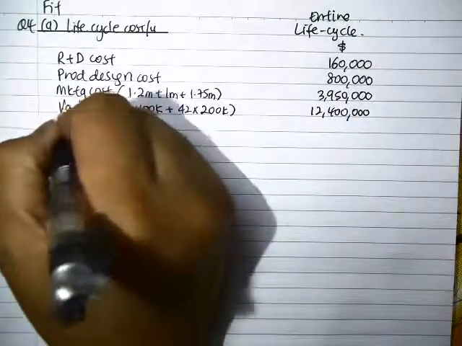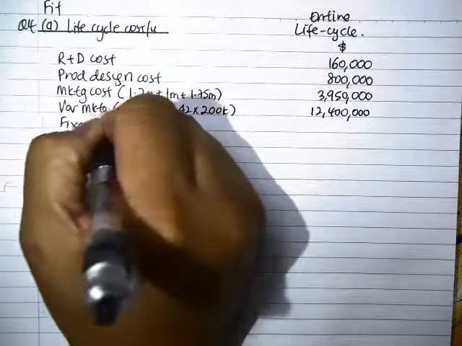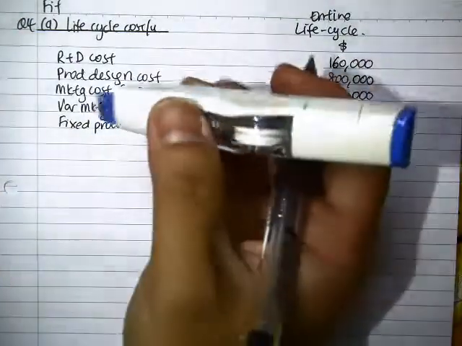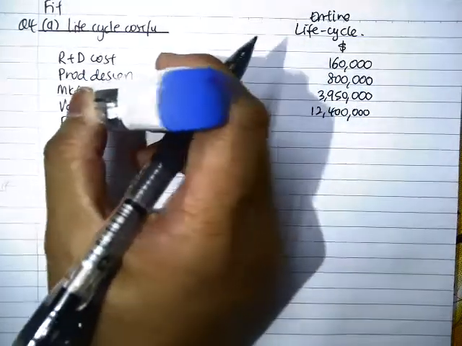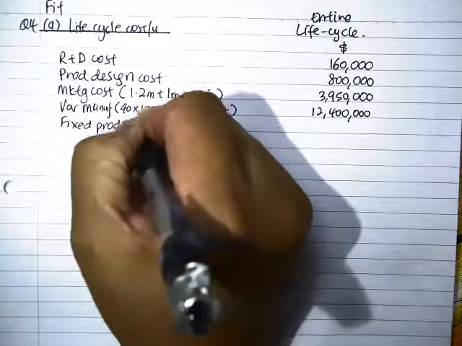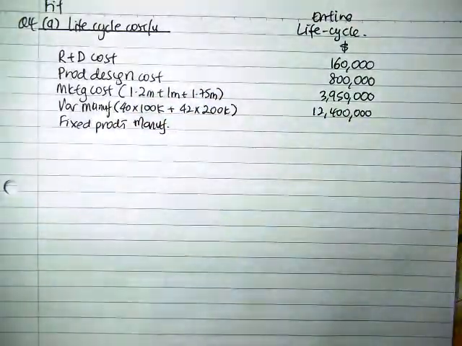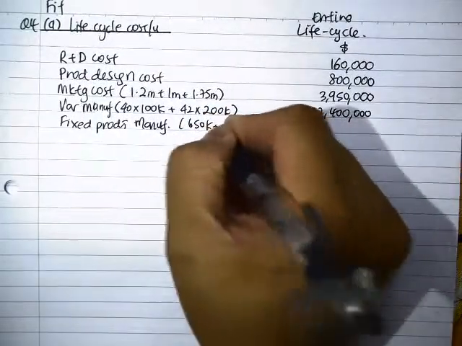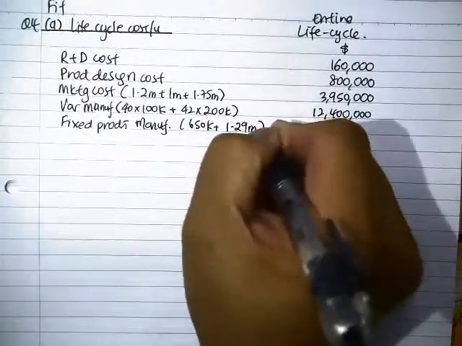Okay, then the fixed production, sorry, not marketing, manufacturing. Fixed production manufacturing, 650 plus 1.29 million.